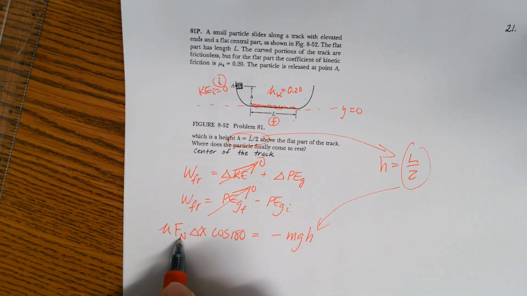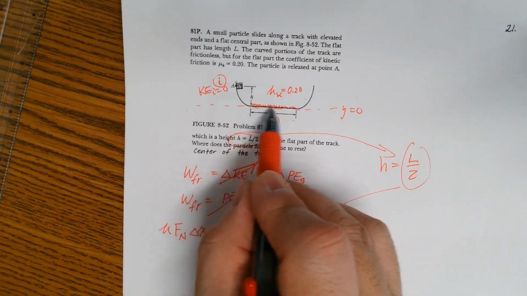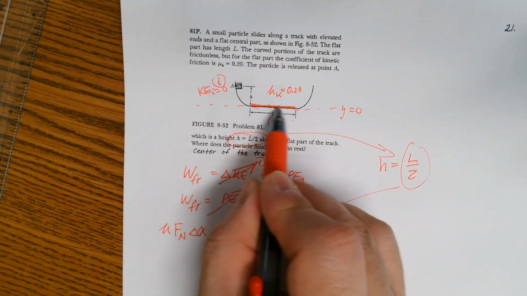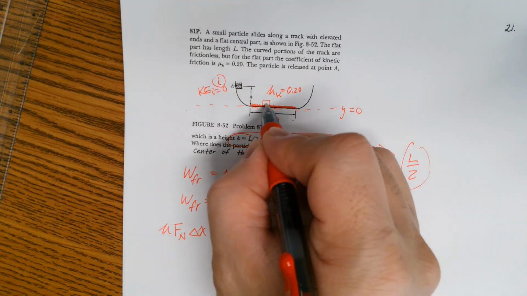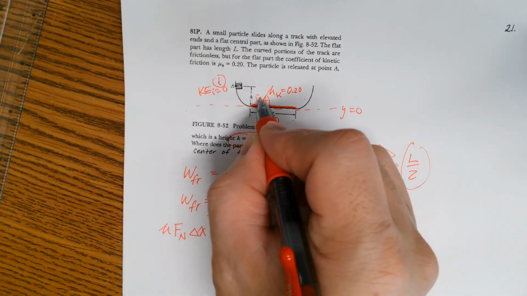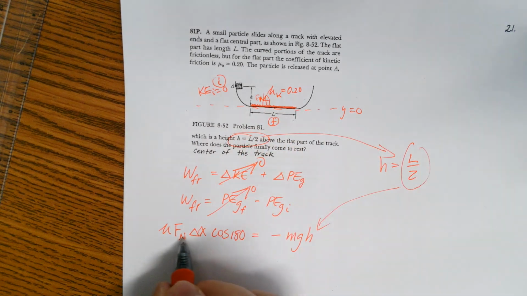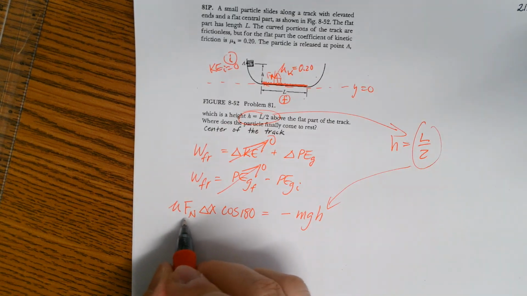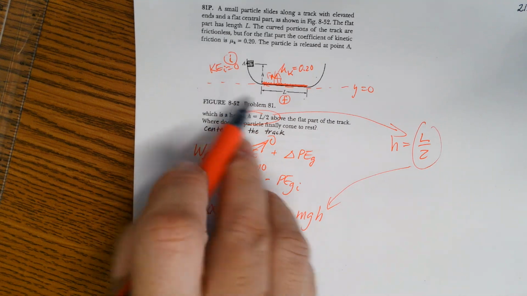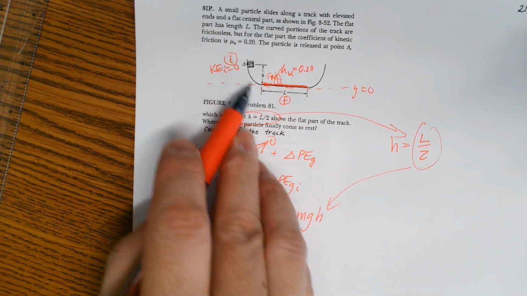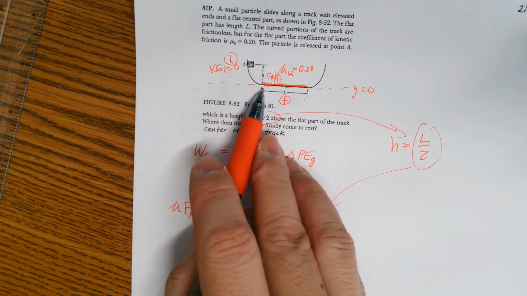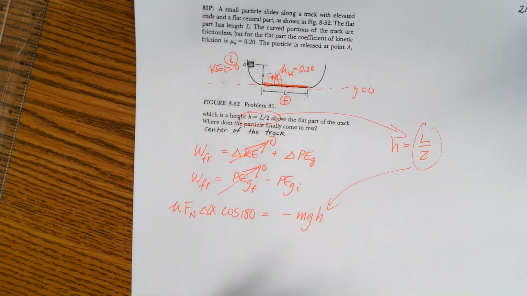So here, the normal force is only pertinent along the flat part. So in this flat part, your normal force is your Fg, so it can be substituted with mg. Here, we don't have to worry about it because there's no friction. We only worry about the flat part when there is friction.